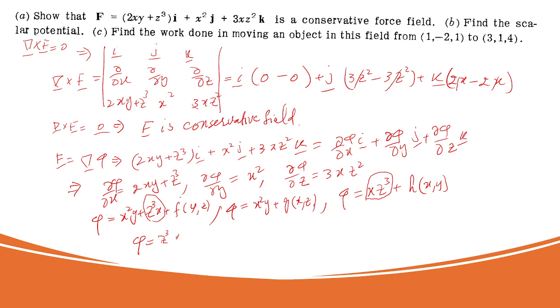Then search out the function of x and y. So we see that the function of x and y is present, that is x square y, and this is purely a constant function. So this is the required potential.